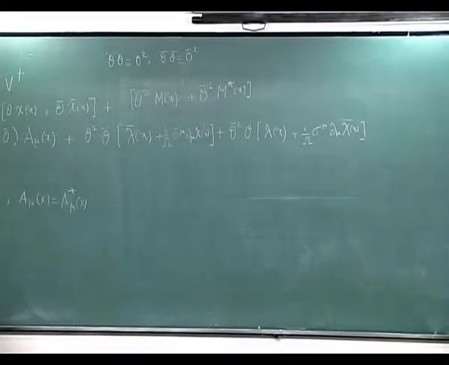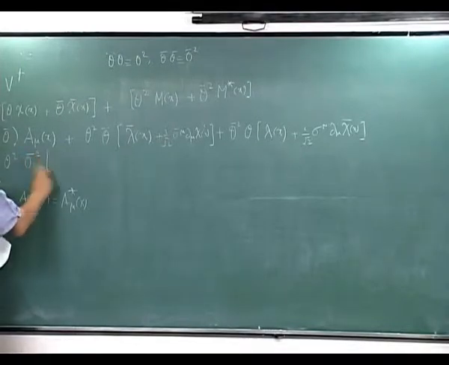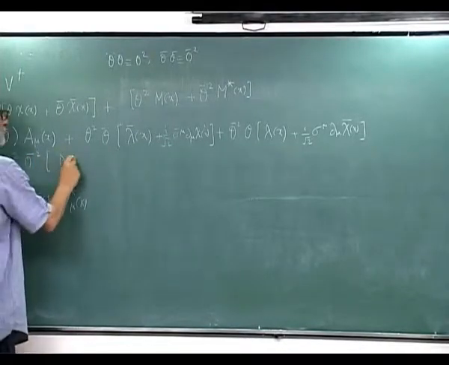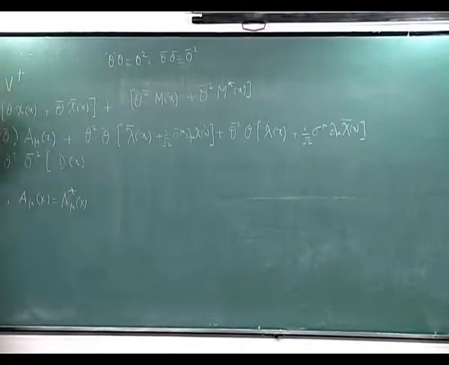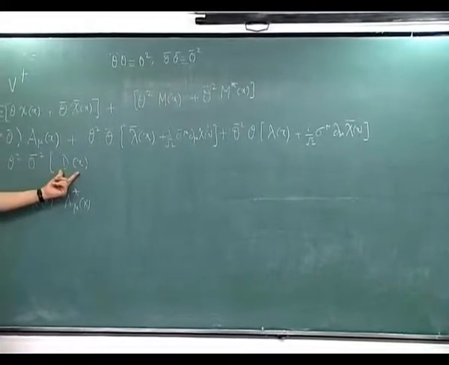3 thetas. Then there can be a term with 4 thetas. 4 theta is theta square, theta bar square, times some object which is D of x. Now this is real, so D has to be real.